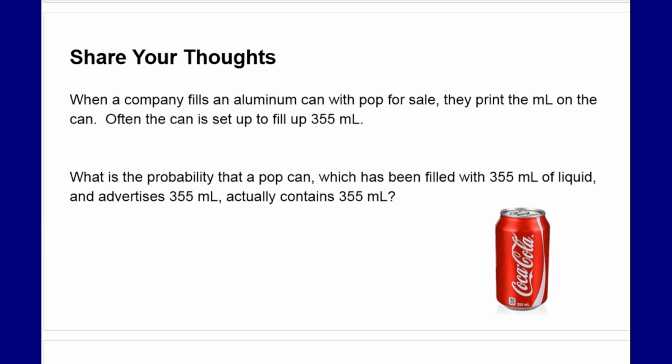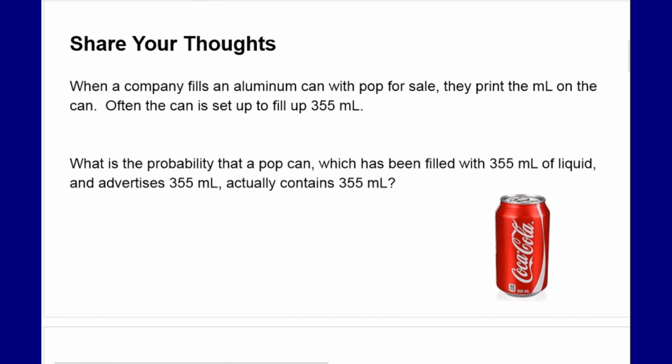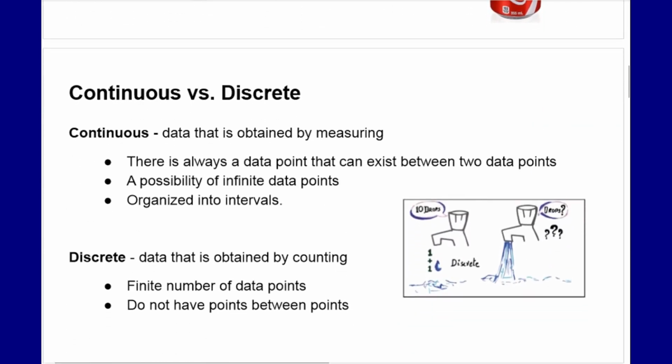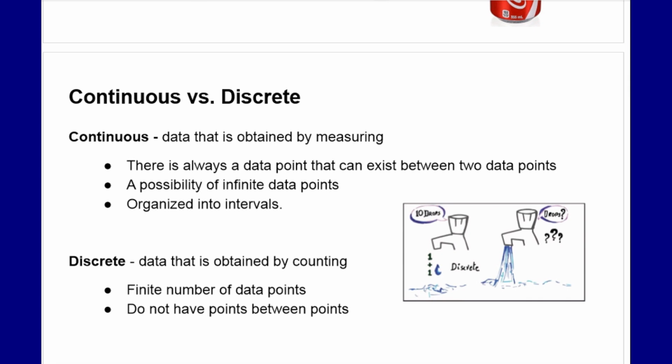When we're looking at the volume, a measurement, that is continuous data, which is what we're going to be focusing on today. Going back over continuous versus discrete, we've talked about this multiple times. Continuous data is data that is obtained by measuring. There's always a data point that exists between two data points.